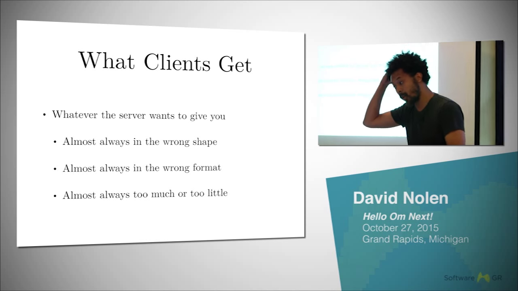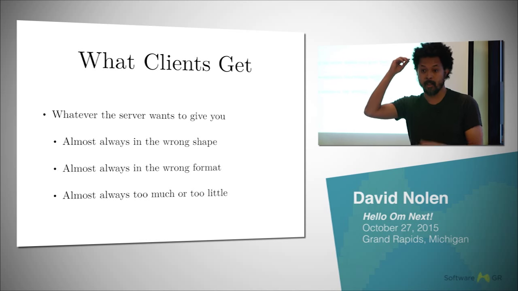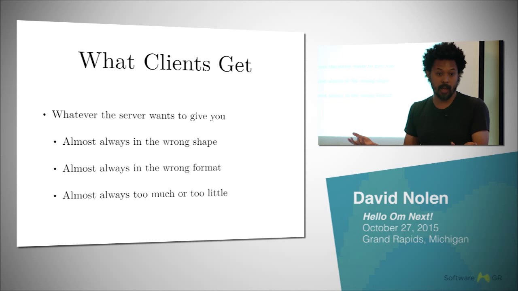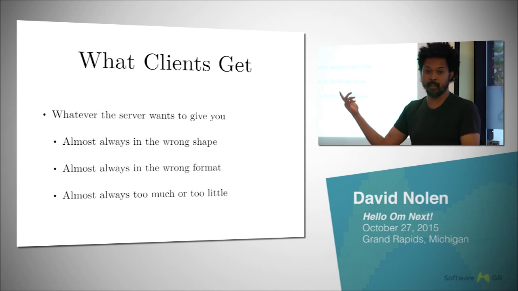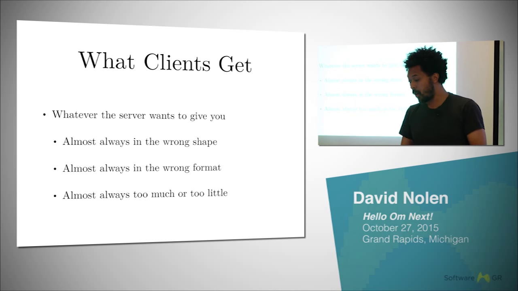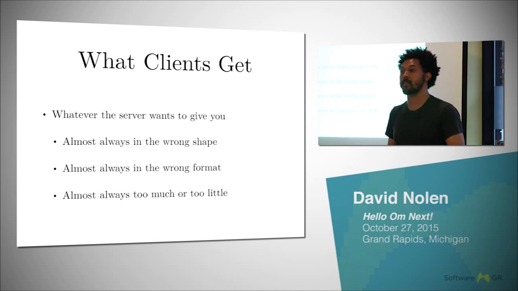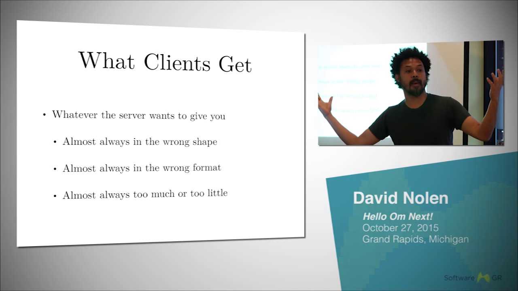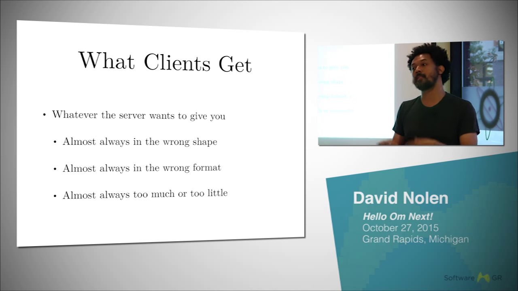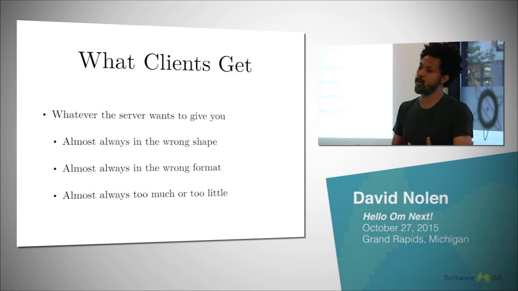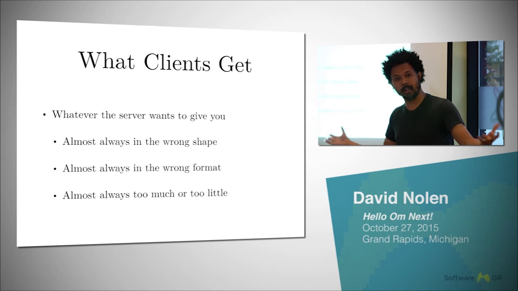Again, it's almost always in the wrong format. Somebody decides, oh, I want to use this ISO format for dates, and then you write the code for that, and then somebody decides to change that. And your code, again, it's wrong. And then you see NaN, right? And it's always too much or too little, right? Somebody decided this is the amount of information that a client needs. And then somebody says, well, now you've got to write this mobile client, and it needs to load in 2 seconds. And then the payload is 500K.